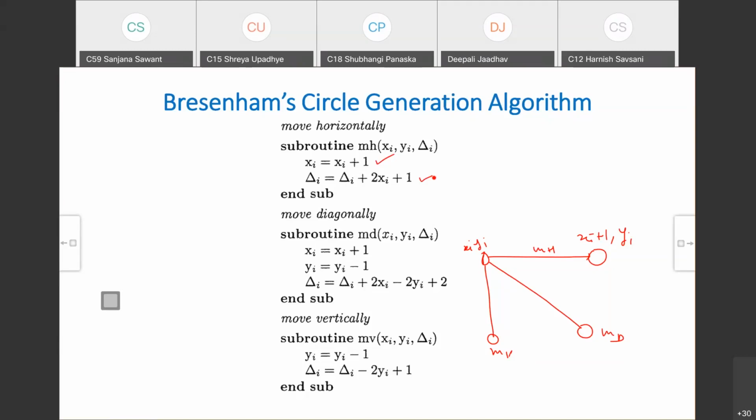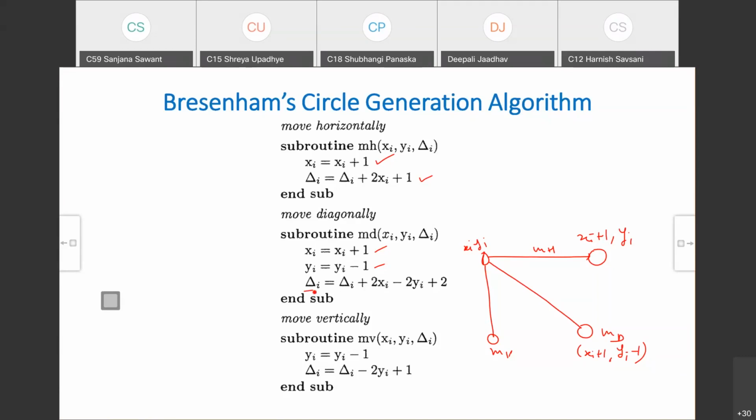Then for move diagonally, MD, it increases the value of x and decreases the value of y. So xi is equal to xi plus 1, yi is equal to yi minus 1. And for this one, we calculate the delta I again, as we have seen with the equation.